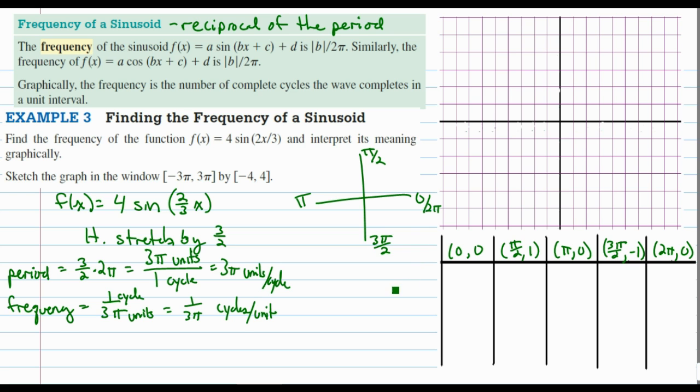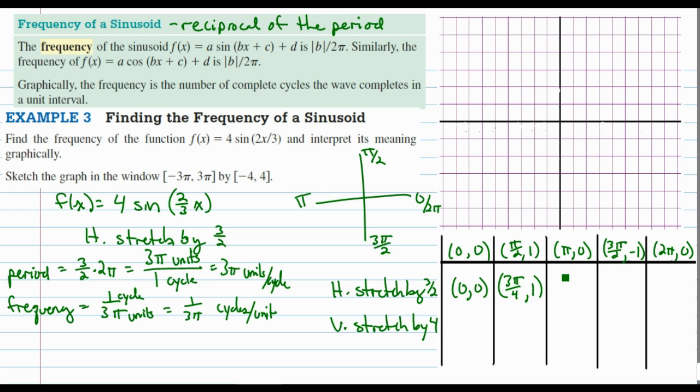My first transformation is a horizontal stretch by 3/2, and the second is a vertical stretch by 4. A horizontal stretch by 3/2 takes each x-coordinate and multiplies it by 3/2. So this one is still 0, 0. This one, multiplying by 3/2, is 3 pi over 4.